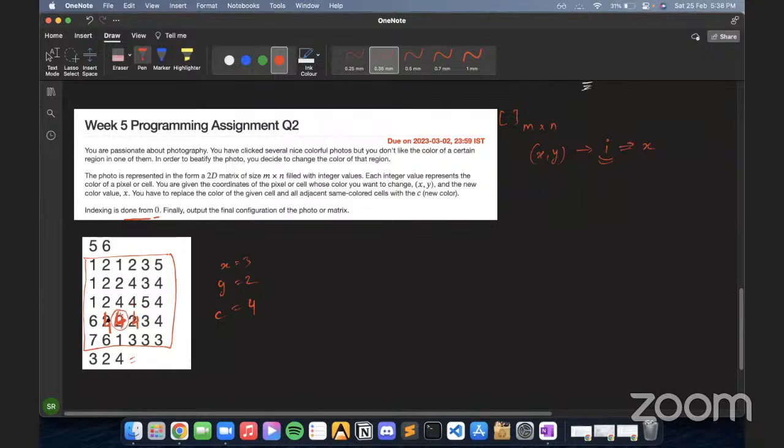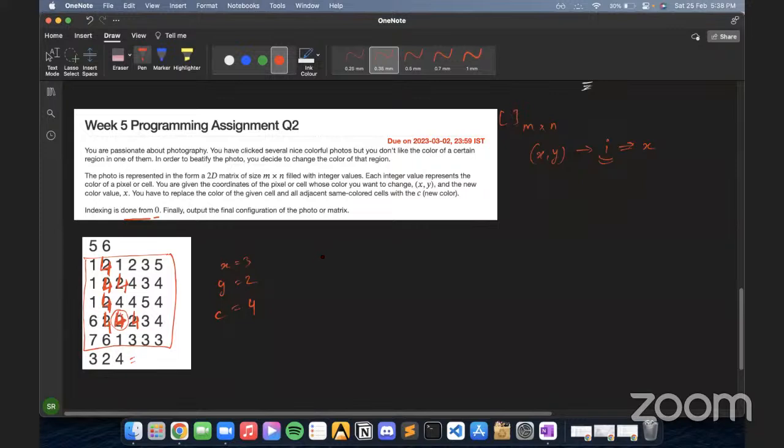So we'll stop here. But for this cell, there's a 2 over here, so its color also needs to be changed. This color needs to be changed, and this color also needs to be changed. And now we have to stop.